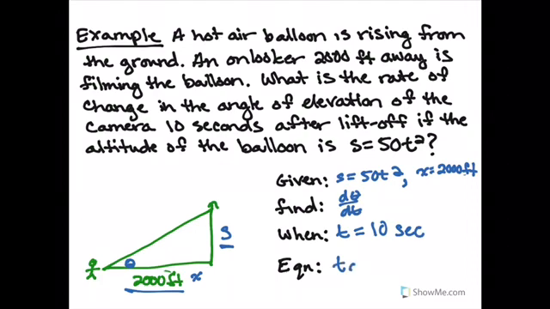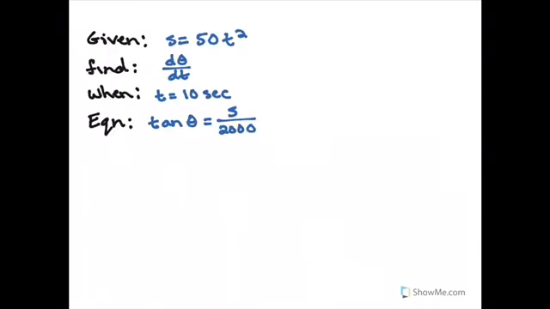So we have tangent theta equals s over 2,000. All right, so we have our equation. Now we want to take the derivative of it. We're not going to need x equals 2,000 separately because it's already part of our equation.